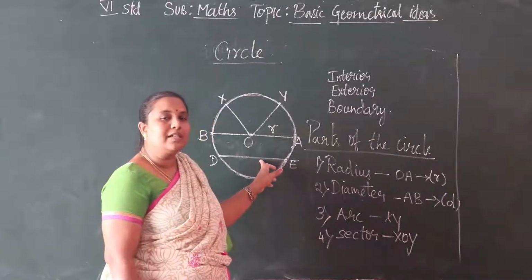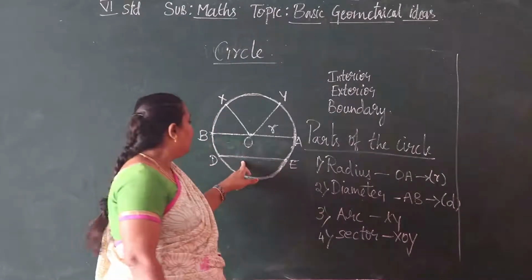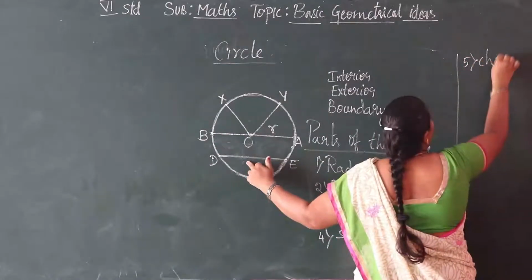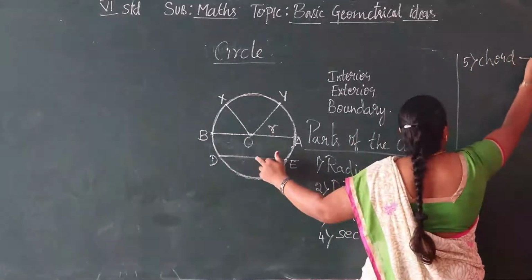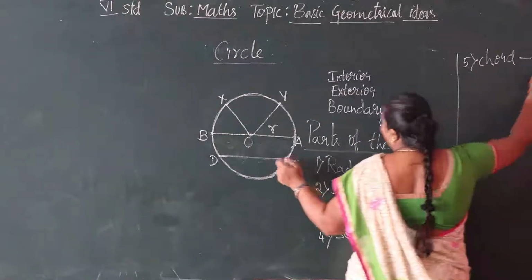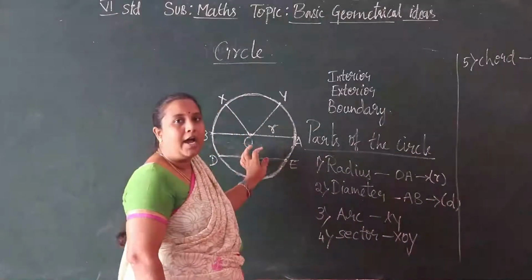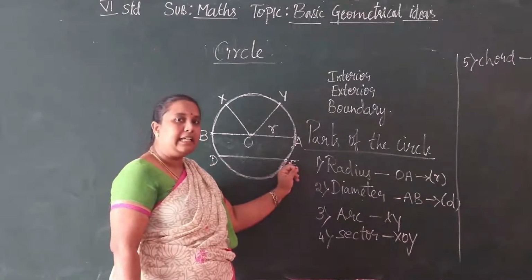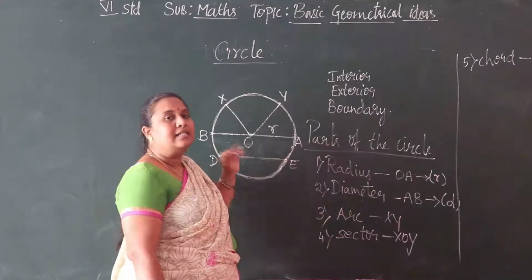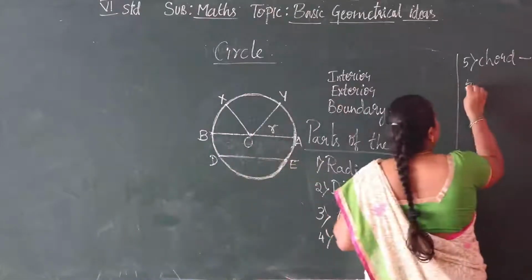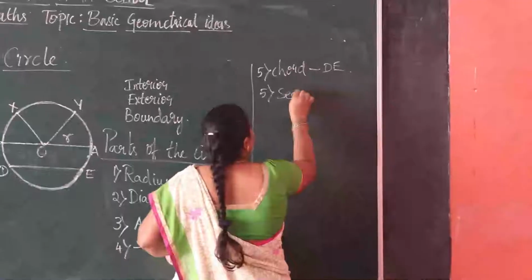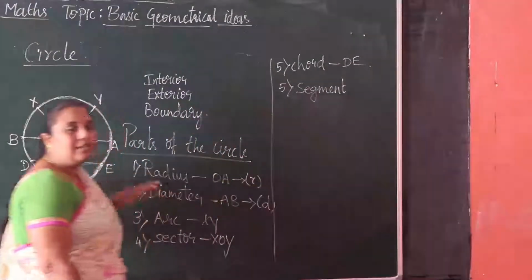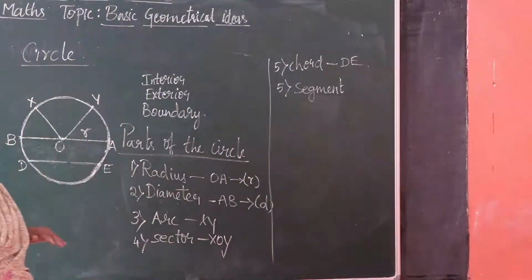The chord of the circle, DE, is the chord. When we join the chord and the arc of the circle DE, we can say that is a segment. The fifth one is segment.